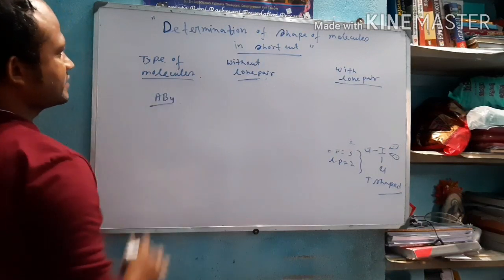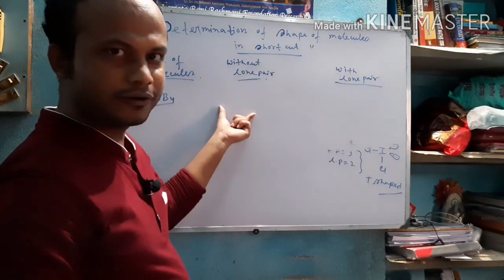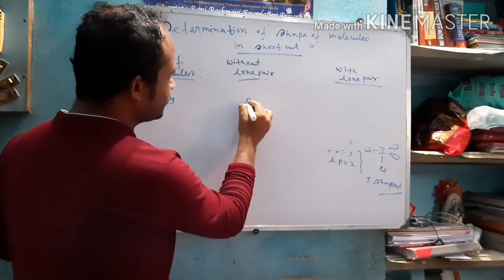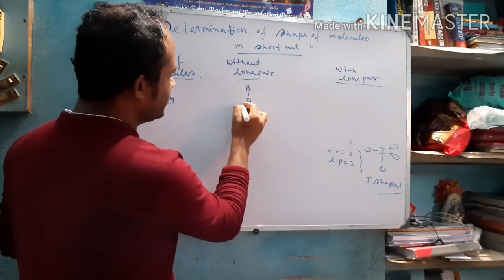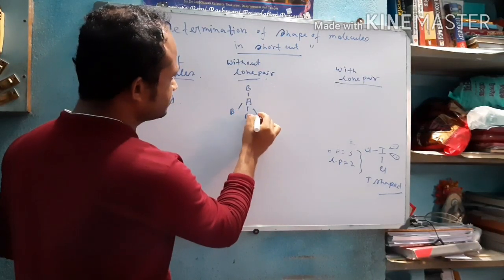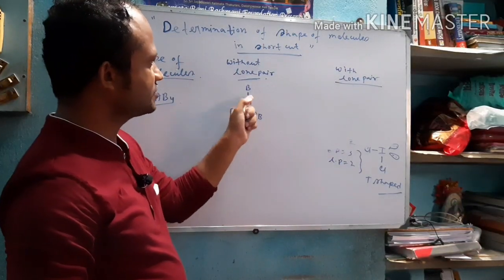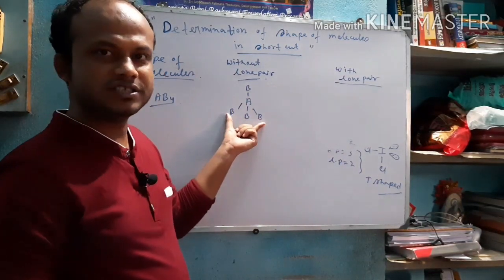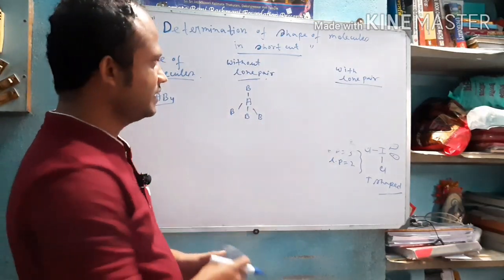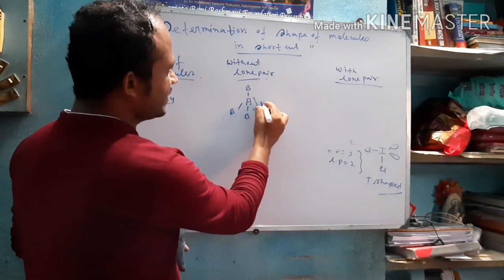AB4 type. Next, AB4 without lone pair. AB4 without lone pair is possible like this, tetrahedral structure.